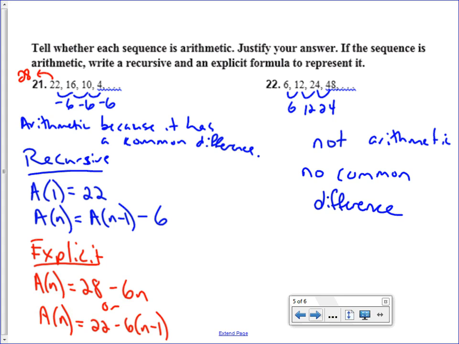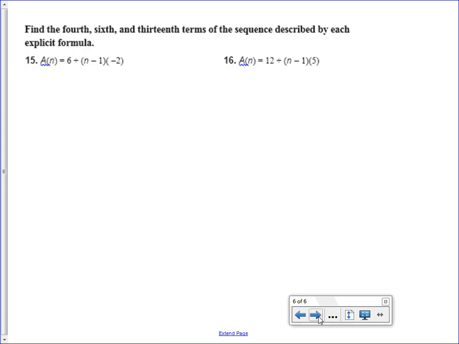Okay. So if I asked you to find the fourth, sixth, or excuse me, 13th term of the sequence that's described, how would I do that? Well, fourth, sixth, and 13th, those are simply the numbers you're going to plug in.